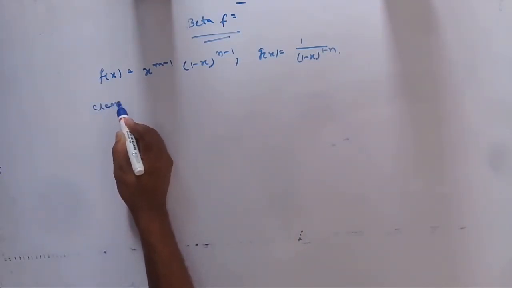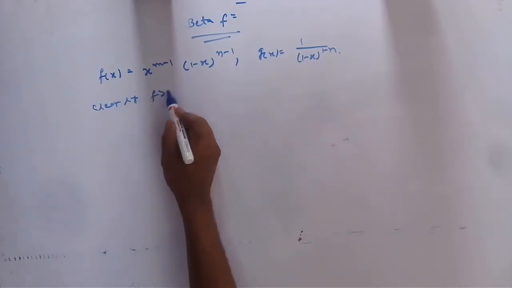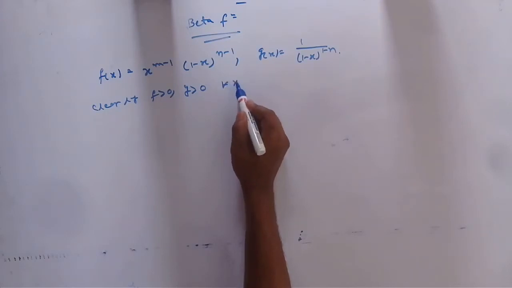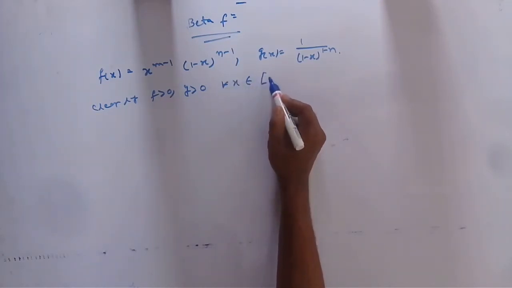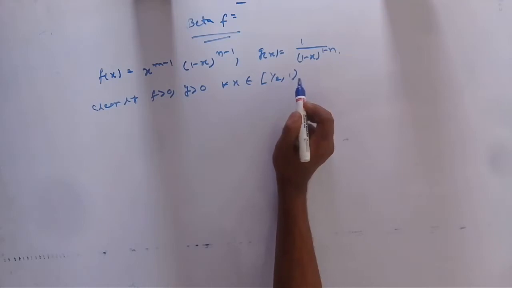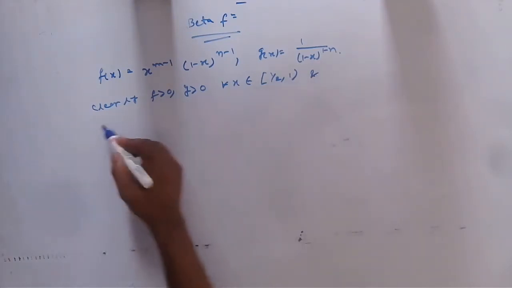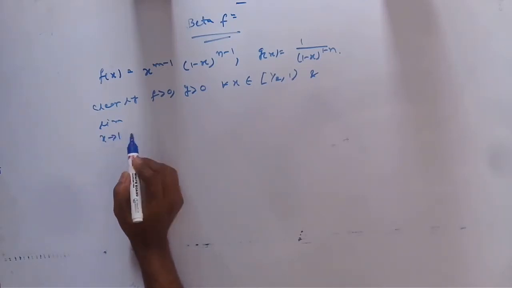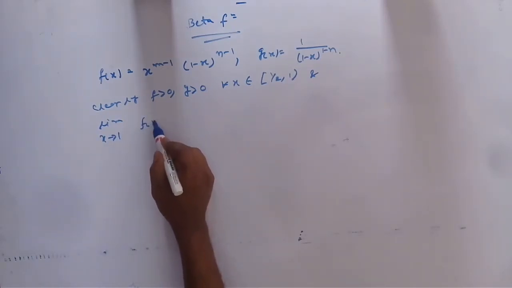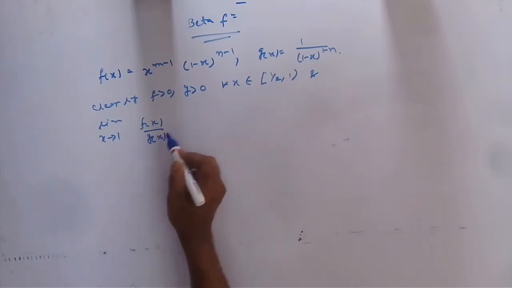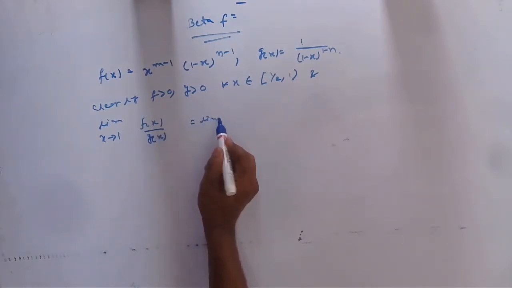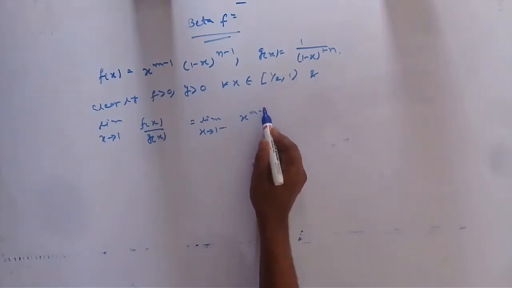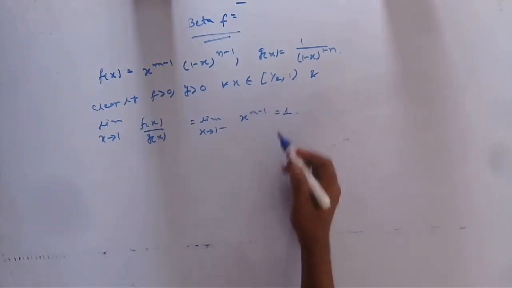Clearly f is greater than 0, g is greater than 0 for all x belonging to the interval half comma 1, and the left hand limit as x tends to 1 minus of f(x) by g(x) equals limit x tends to 1 minus x to the power m minus 1, which is equal to 1.